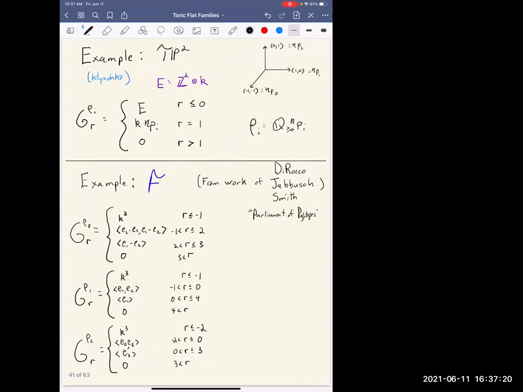So just to give you an example of what this data can look like, if we take the tangent bundle of P2, the Klyachko filtrations corresponding to the rays have spaces that come in three flavors. If you look at filtration level strictly bigger than 1, it's just the 0 space over each ray. If you take filtration level less than or equal to 0, then it's the whole space.